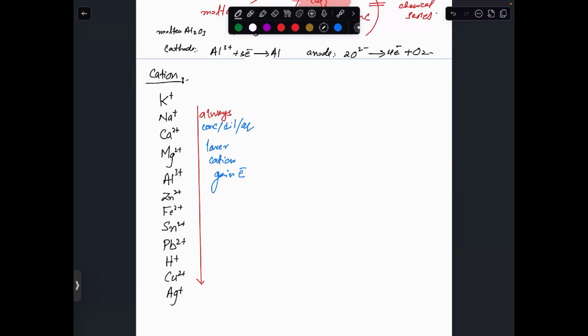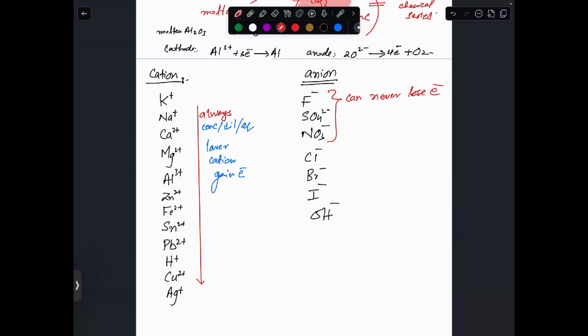But in anions, look, this is fluoride, sulfate, nitrate, chloride, bromide, iodide, and hydroxide. These three can never lose electron if OH is present, right?